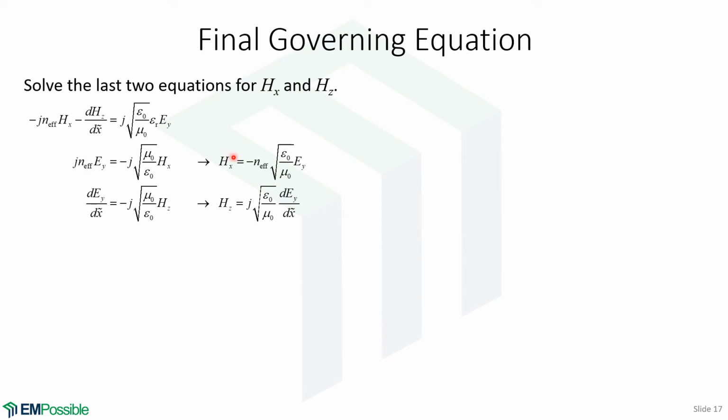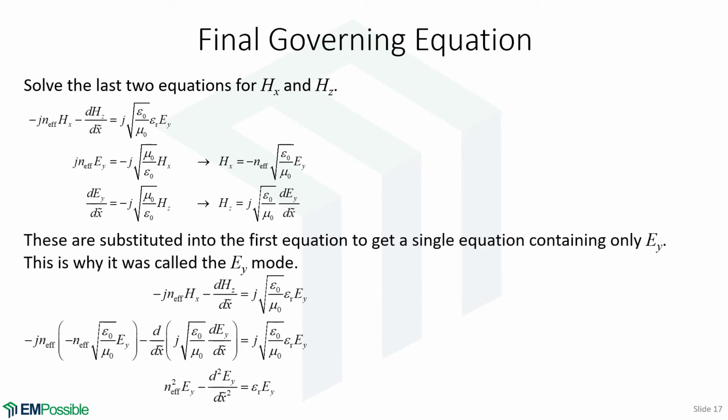So we now have Hx and Hz both in terms of Ey. What we'll do next is take this expression for Hx and plug it in here to replace Hx. We'll take our second expression for Hz and plug it in here to get rid of Hz, and we'll have a single equation just in terms of Ey.